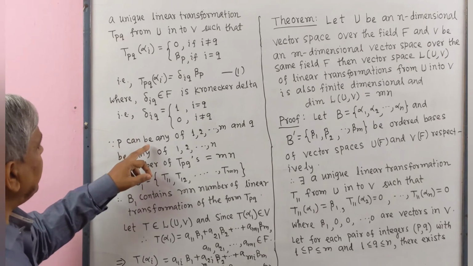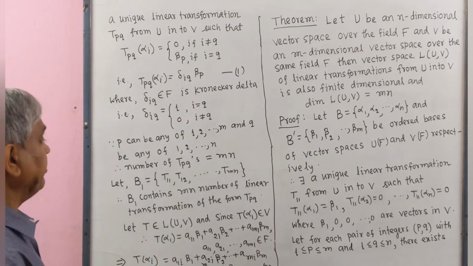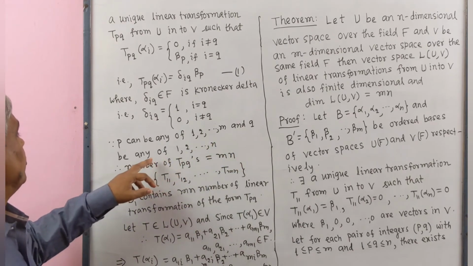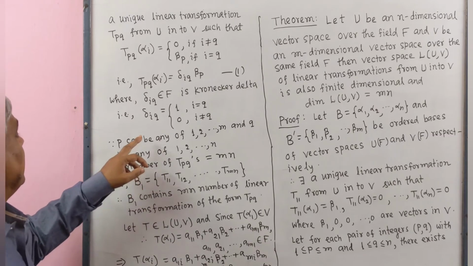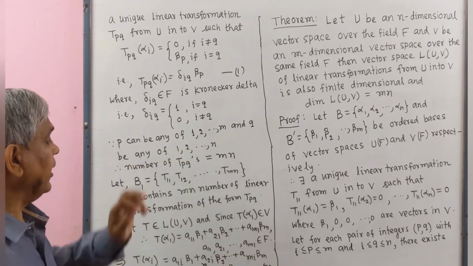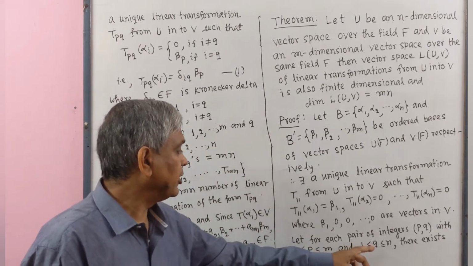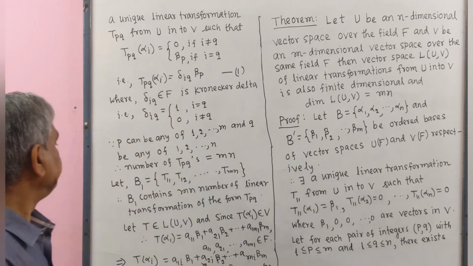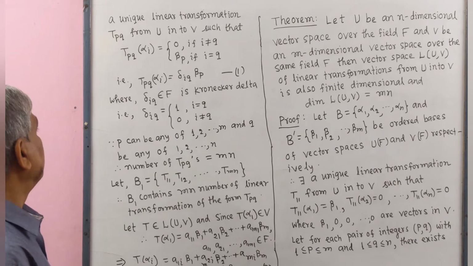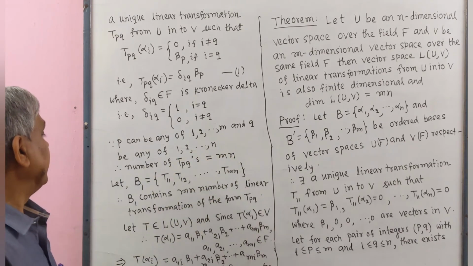Since p can be 1, 2, dot dot dot m and q can be any of 1, 2, dot dot dot n, as p lies between 1 and m and q lies between 1 and n, therefore the number of Tpq equal to m multiplied by n.